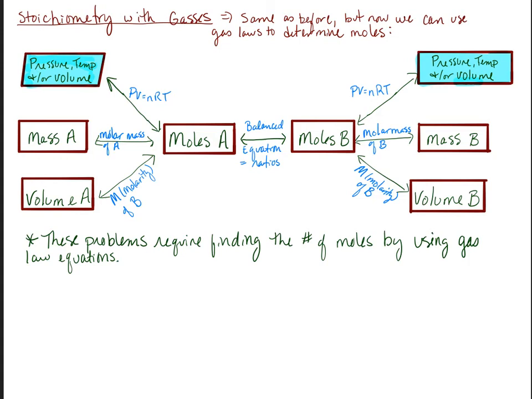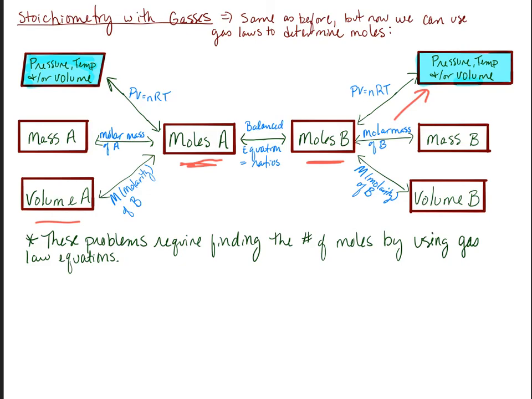The only difference is that we need to use PV equals nRT to go from whatever pressure, volume, temperature information we're given in order to determine the number of moles that we have. Or perhaps we have the number of moles here and need to figure out what the pressure, temperature, or volume is of that gas. And so we can go in that direction as well. You have to use what you're given to figure out where are we starting, where are we going. You may start in a liquid and end up going up to a gas. It just depends on what you're doing.